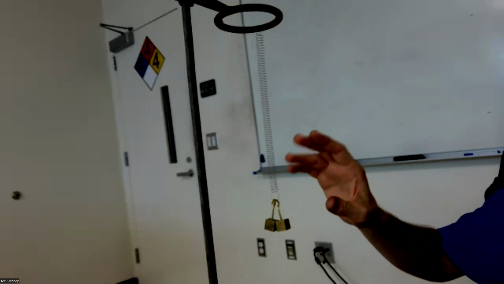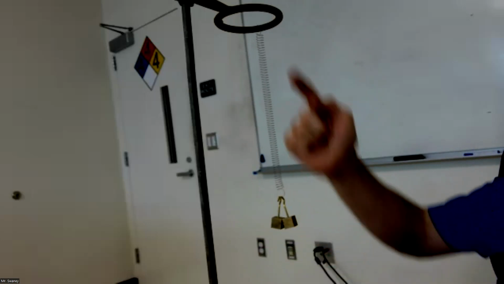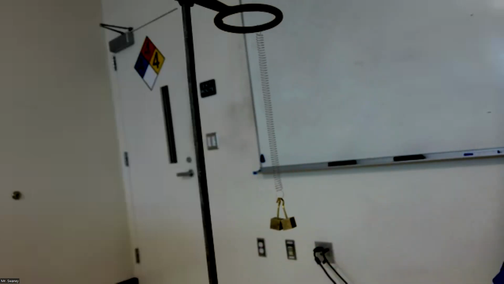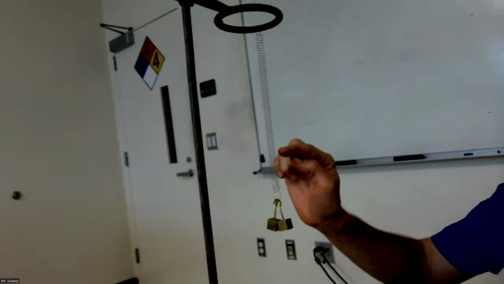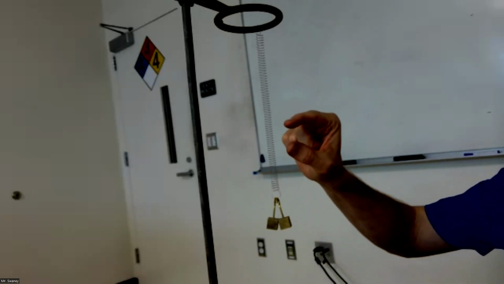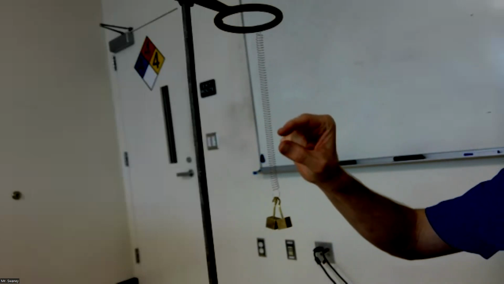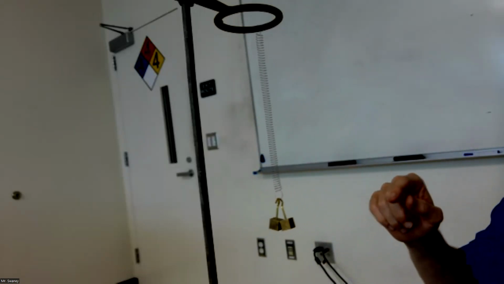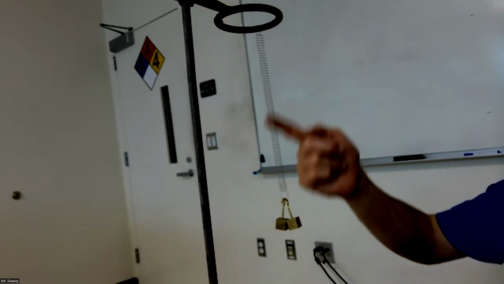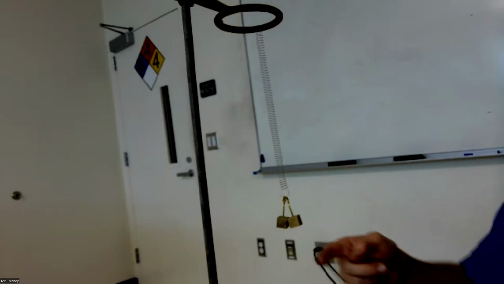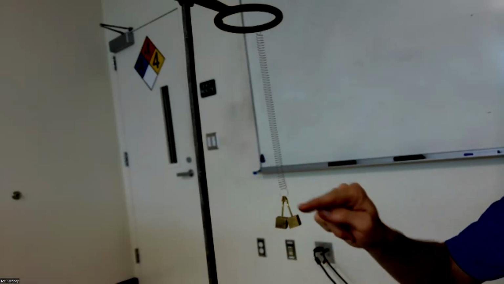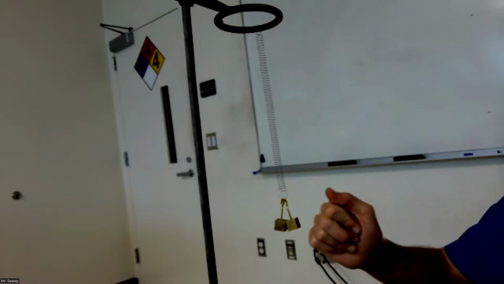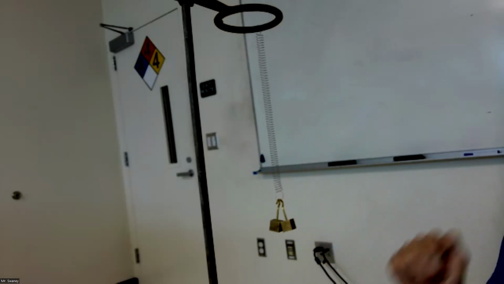But if you think about it, the masses don't really know what the spring is like. It doesn't know how long the spring is, or how thick these coils are, or how far apart the coils are from coil to coil. It doesn't know what the spring is made of, if it's zinc or steel or brass or whatever. The masses only feel a force from this spring.